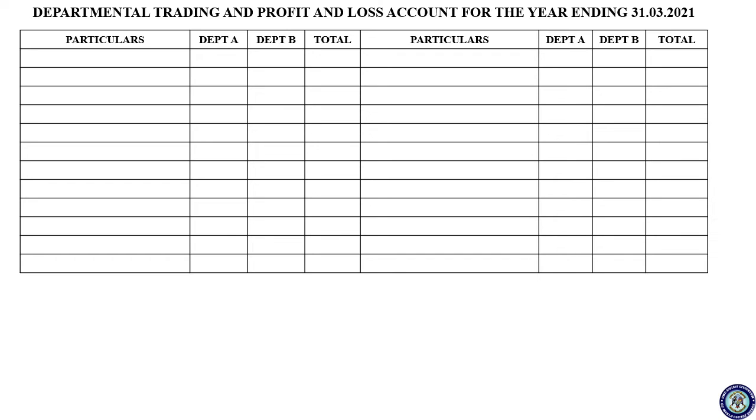Okay, we'll start with the trading account. The first item in the trading account is opening stock. So write opening stock, 90,000 and 35,000, which is already apportioned. So total 1,25,000.